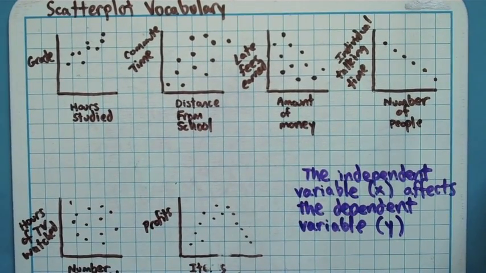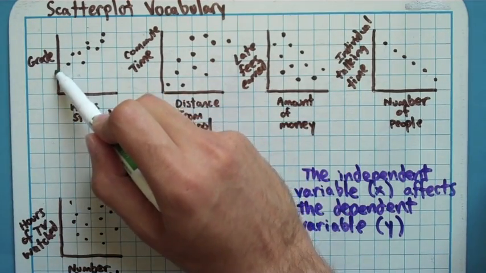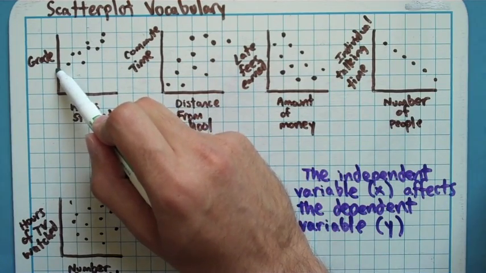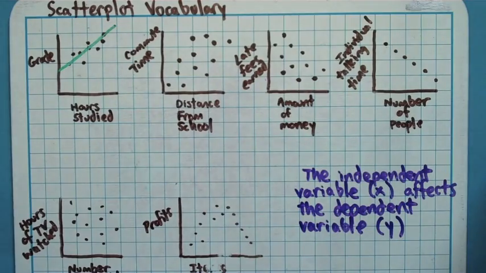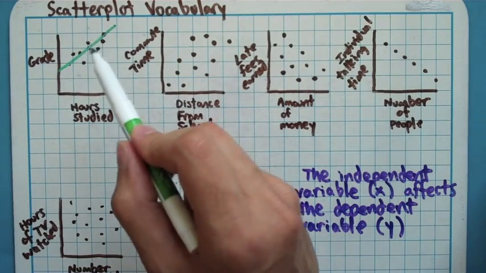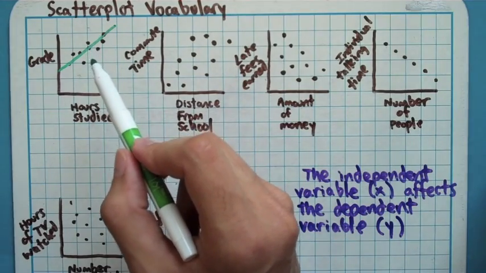If you look at that first picture, notice that even though the points aren't in a perfect line, there is a pattern to them. They're kind of going up like that green line right there. They're pretty close together, maybe not exactly in a line, but they're not far off either.